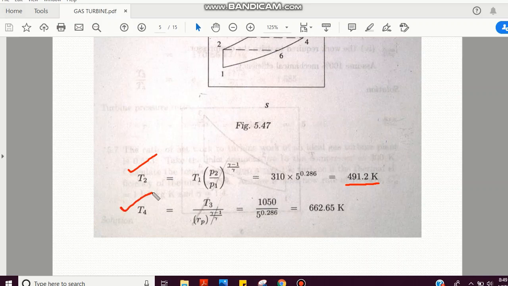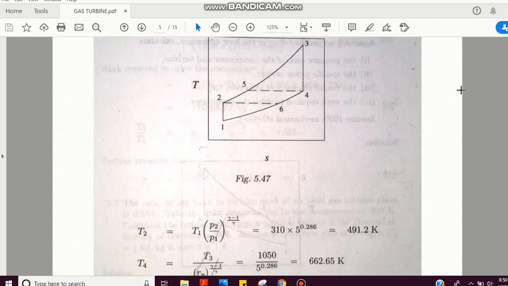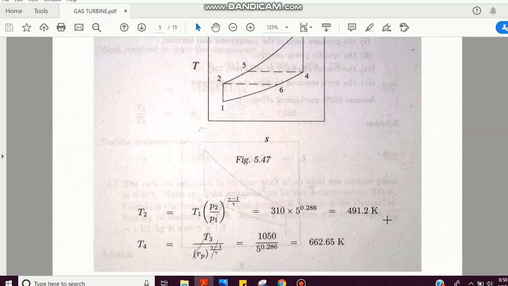Now the process 3 to 4, the turbine expansion process, we are going to find the outlet temperature of the turbine. The maximum temperature is T3, and in the question it is given that the value of T3 is 1050. So the value of T4 is T3 by pressure ratio to the power (gamma minus 1) by gamma.